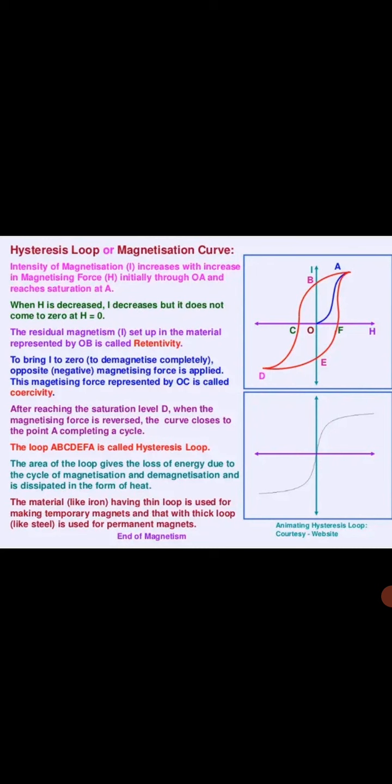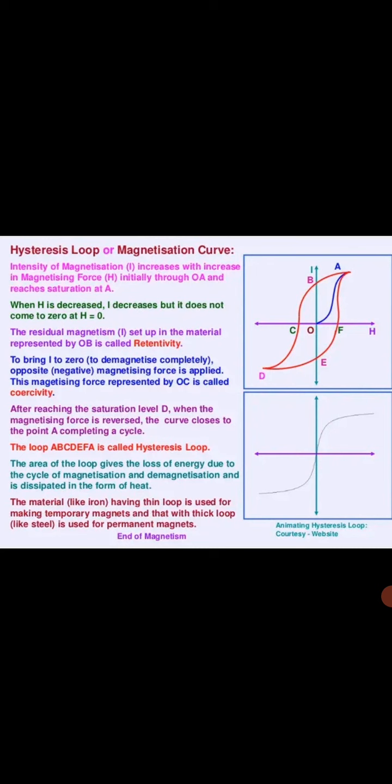As H increases from O towards C, at a particular point C the value of H is finite, but the intensity of magnetization at the point C becomes 0. So at the point C, H is finite but I becomes 0.